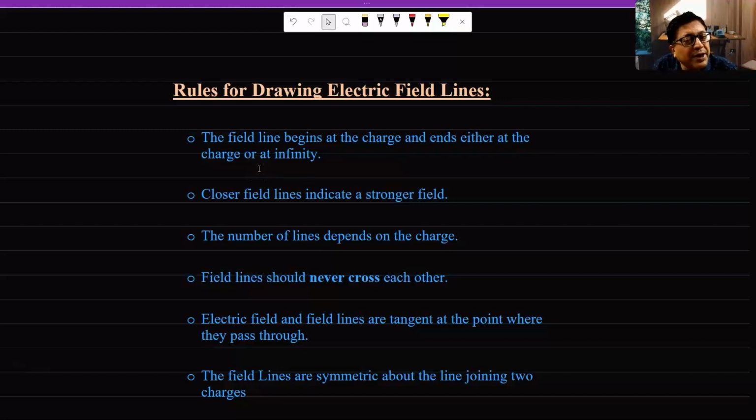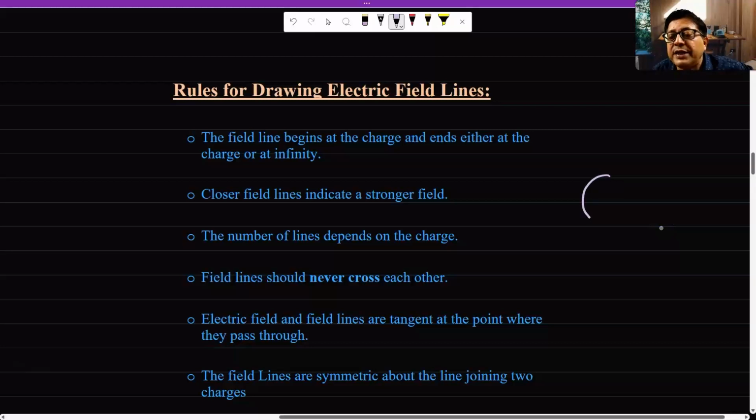This I told you earlier also, just to remind you. In the surrounding space of a point charge, they never terminate unless a positive or negative charge is there. Closer field lines indicate a stronger field. This is very important. Let me explain this part.